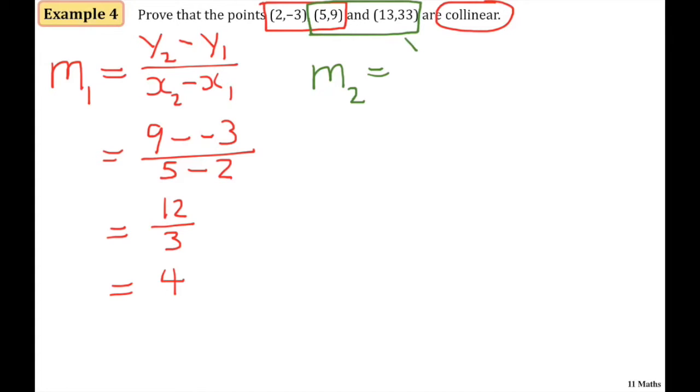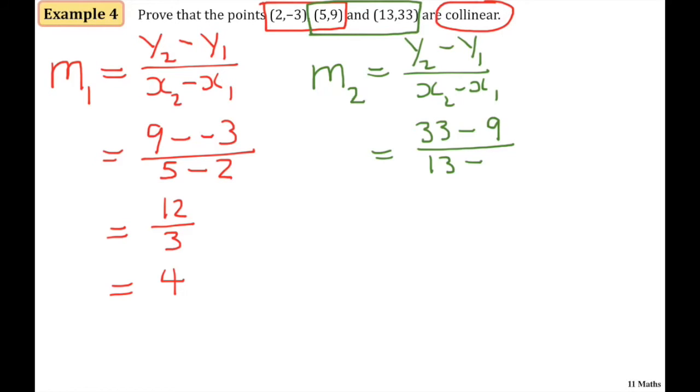Gradient 2 equals y2 take y1 on x2 take x1, which equals the y value of my second point, 33, minus the y value of the first point, 9, over x value of the second point, 13, minus the x value of the first point, 5. 33 take away 9 is 24. 13 take away 5, we get 8. 8 goes into 24 3 times.